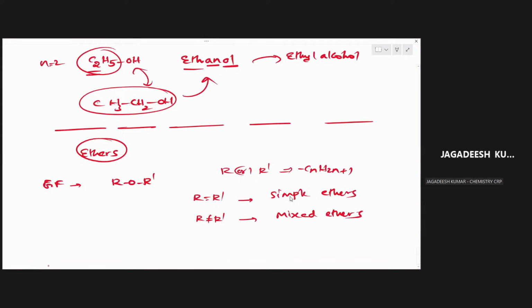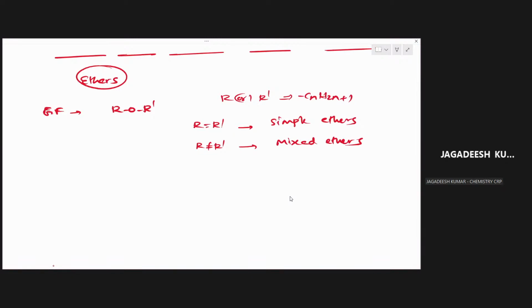How do we write the general formula? Expanding it, R means CnH2n plus 1, then O, then CnH2n plus 1. We can write it like this also. And what about the IUPAC name? This is important. The IUPAC name is alkoxy alkane. Here we get two root words.